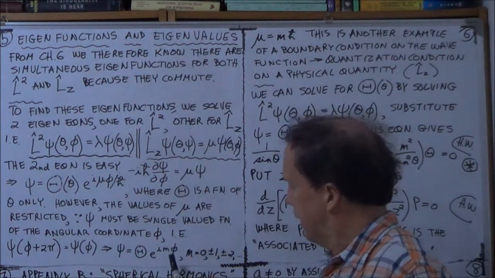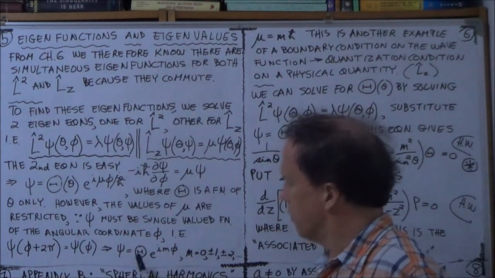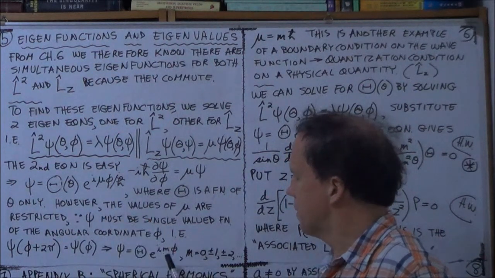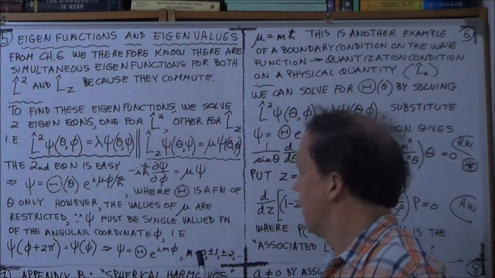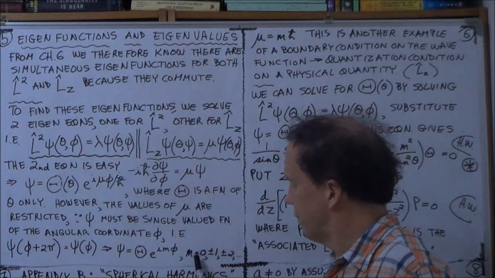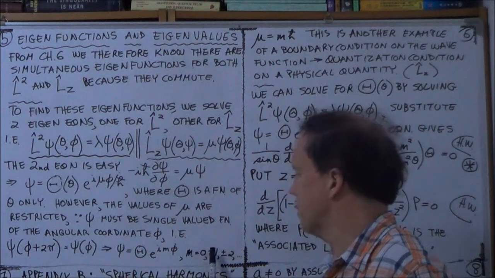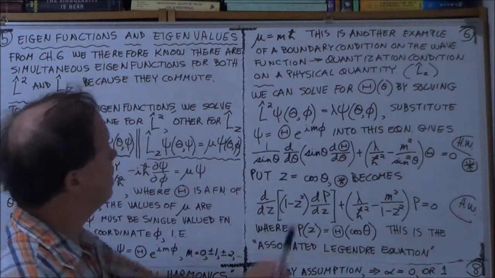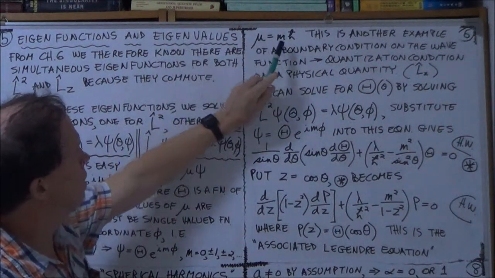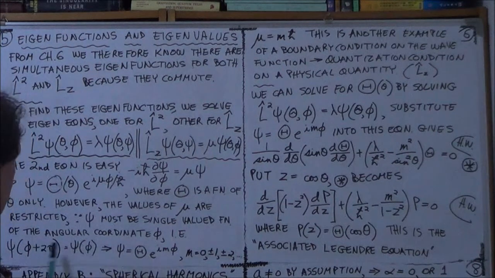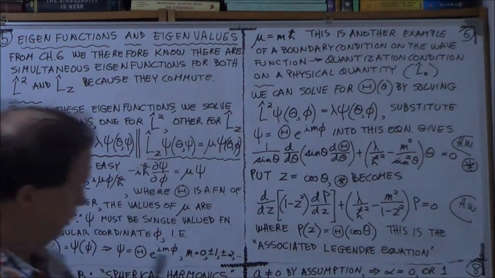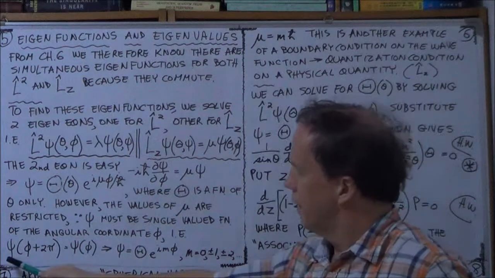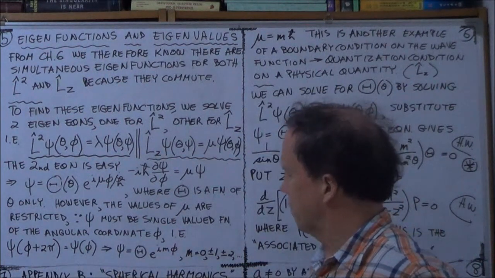So this psi has to be of this form: capital theta times e to the i m phi, where m is just an integer, the whole set of integers, 0, plus minus 1, plus minus 2, and where mu equals m h bar. That requirement, that mu is m h bar, comes from this constraint.